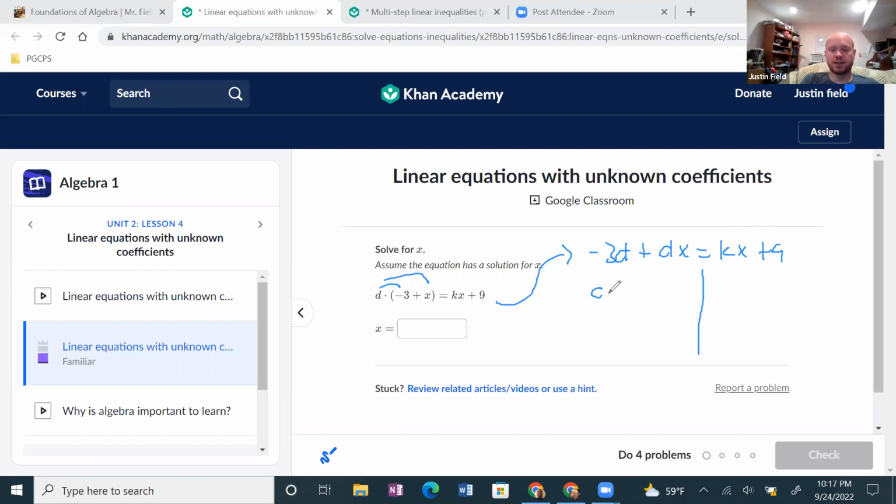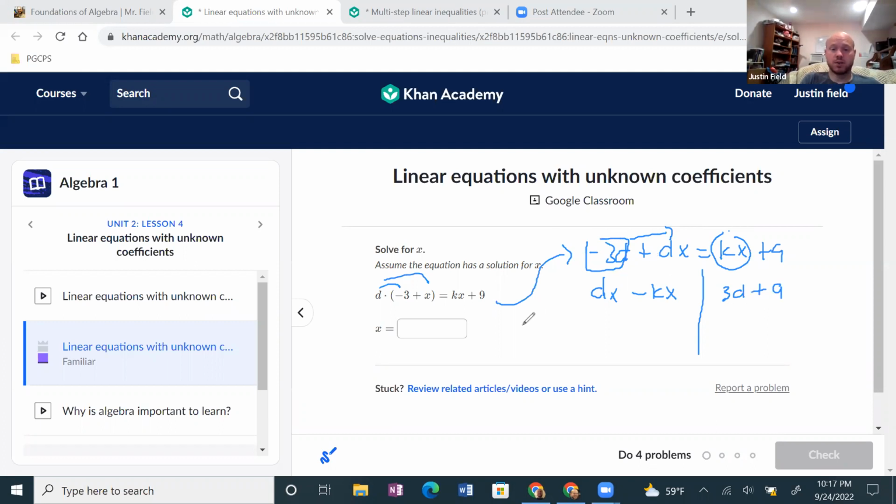So dx is a term with an x in it. That's going to stay on the left. But kx here, that has to move. So that's going to become negative kx. And the negative 3d, that doesn't have an x, so that has to move. That's going to become positive 3d on the other side. Bring down the 9. So now we have the x terms on their own side.